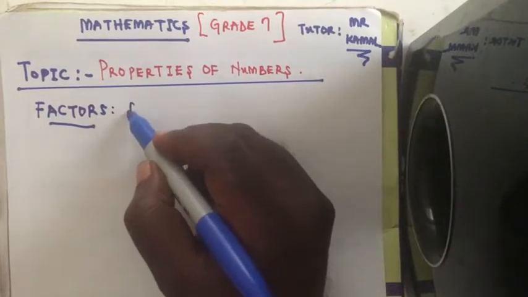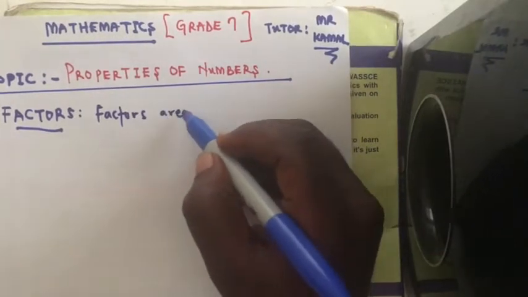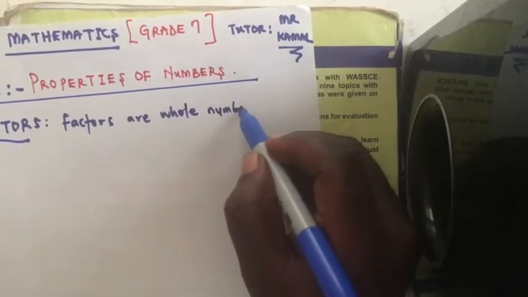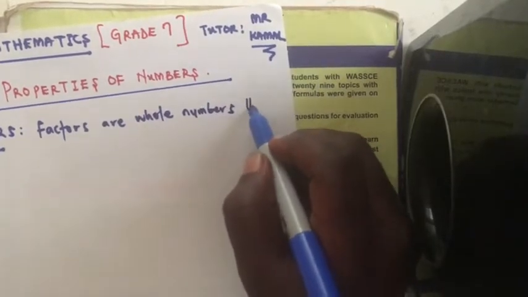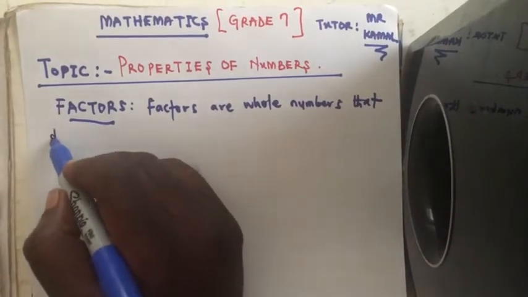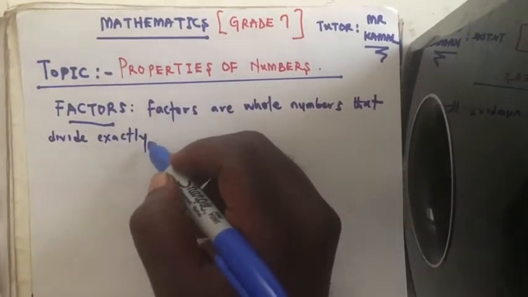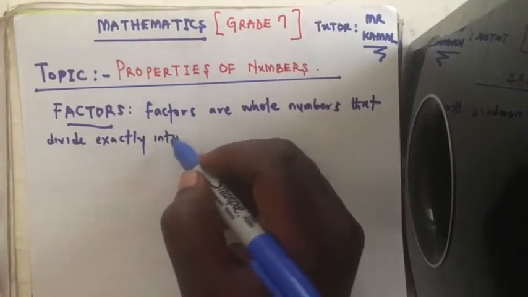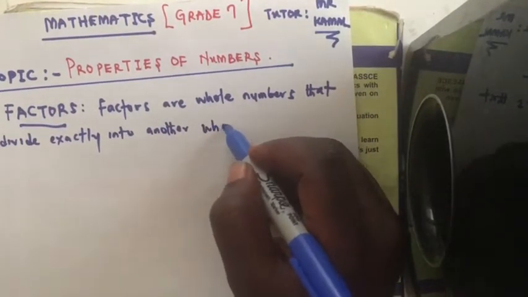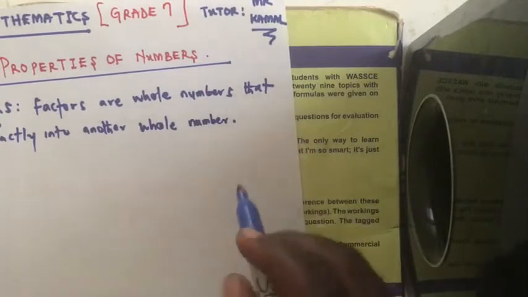Factors are whole numbers that divide exactly into another whole number without a remainder.